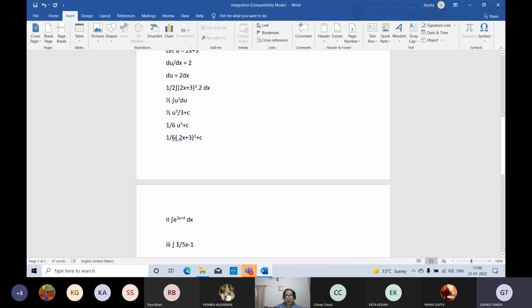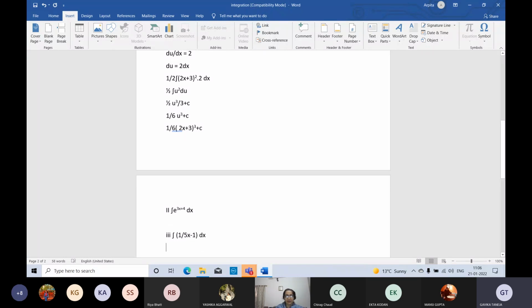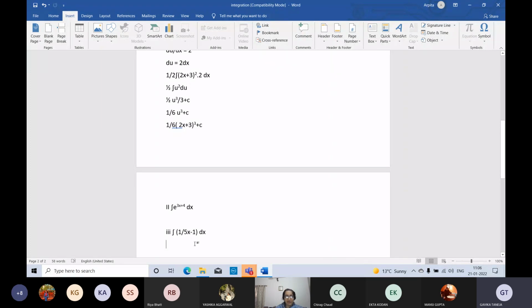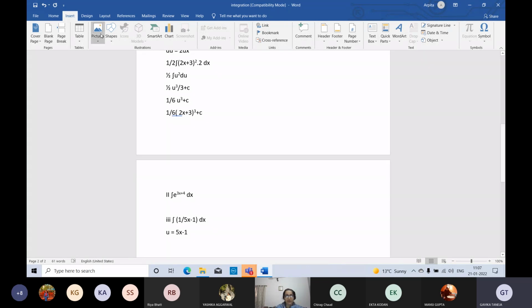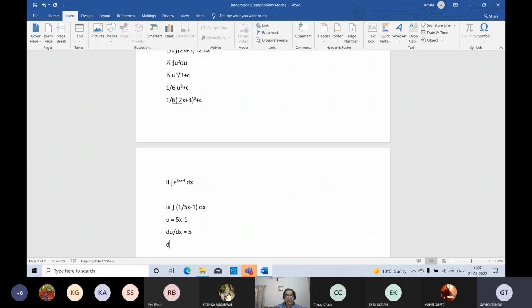This again means that I will have to put it equal to some expression. So let's say u is equal to 5x minus 1. The moment I say it, I am saying I'm going to differentiate it. That is du by dx is equal to 5, which again means du is equal to 5 dx.